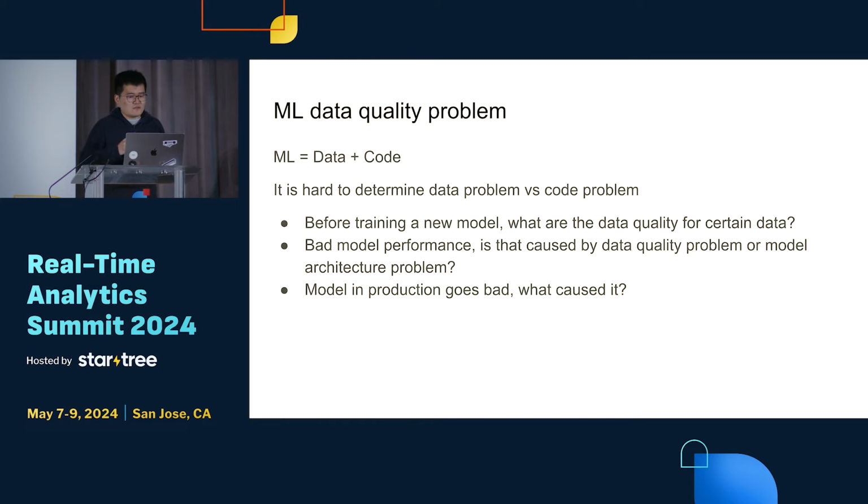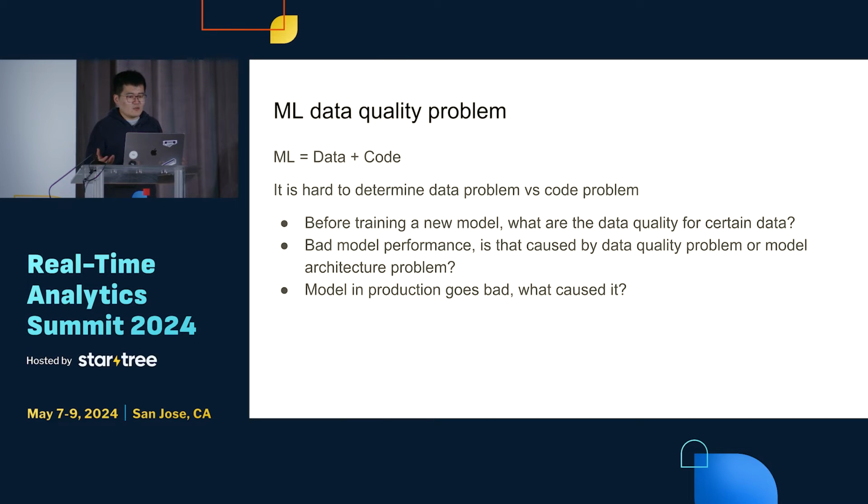Then there are a few scenarios that machine learning engineers face in their daily development. First, before I train the model, I have all this data in my data warehouse. Which should I be using? Maybe there is some duplication.